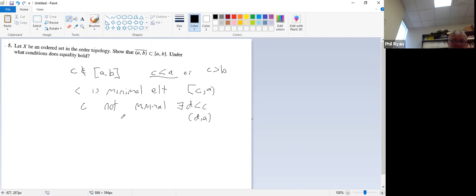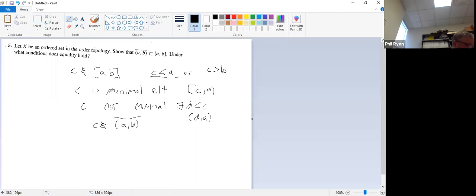So if C is not in that closed interval AB, we've got that C can't be in the closure of AB. So that shows that the closure is contained in that closed interval.